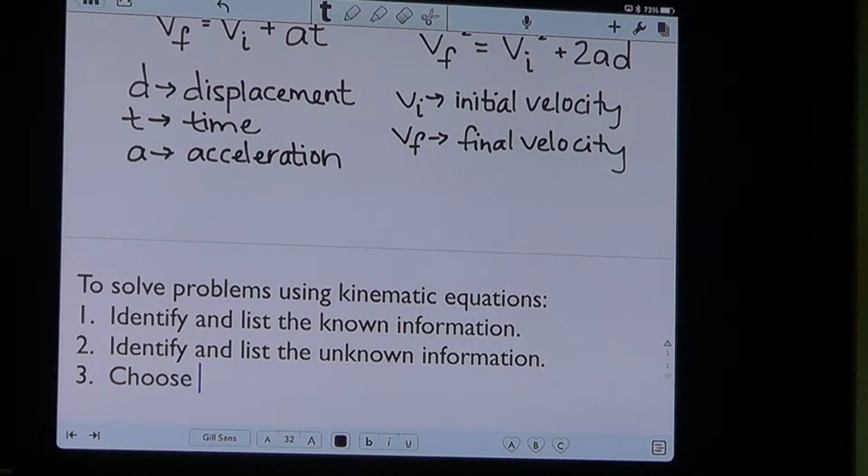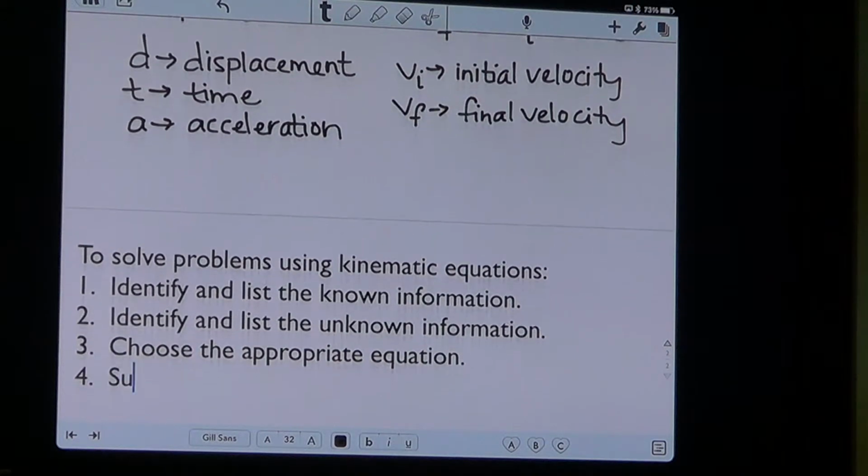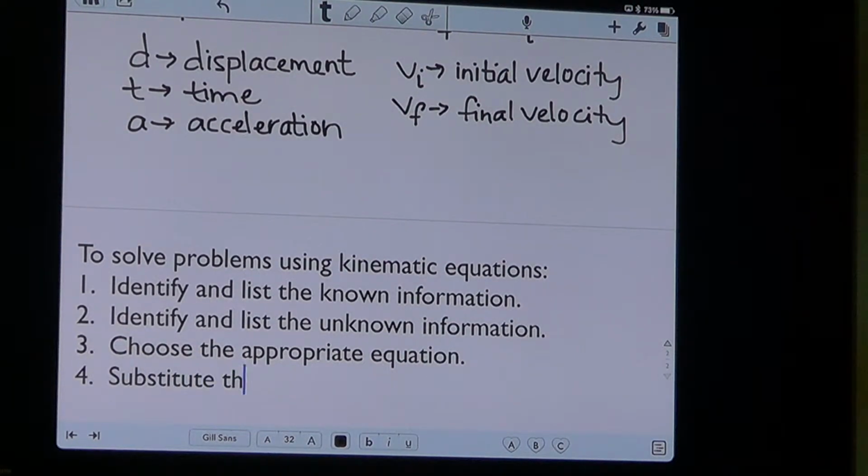Then you choose the appropriate equation based on what's known and what's unknown. You should have 4 quantities at all times, 3 that are known, 1 that is unknown. So you pick the equation that has those 4 quantities. And then you substitute the known values and solve for the unknown.